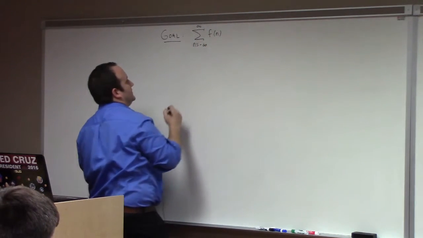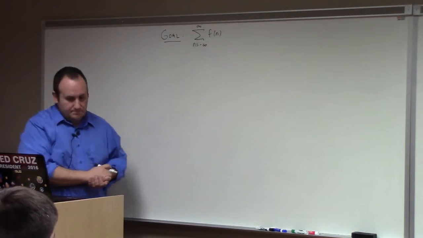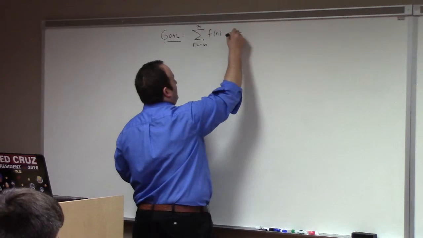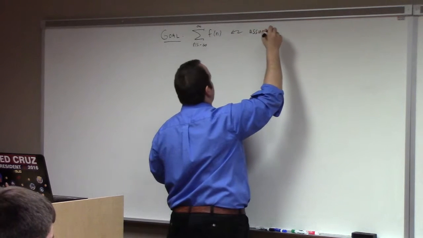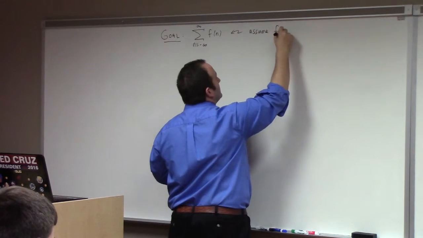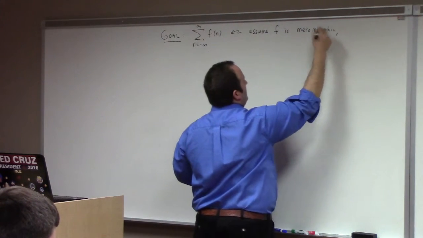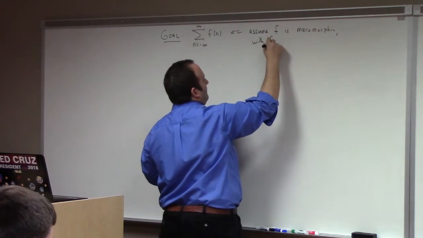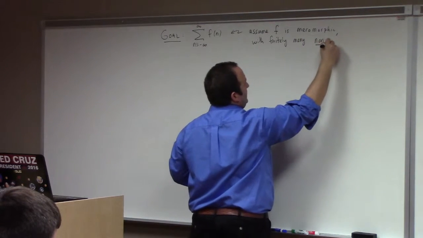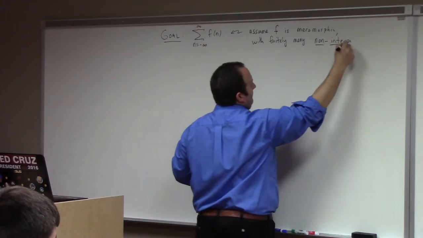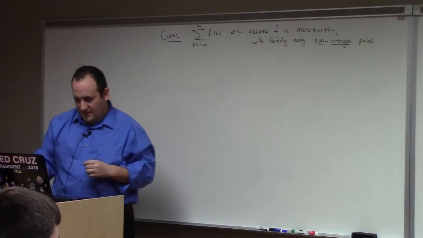And we're going to assume that this f, and you can tweak this a bit, but this is basically the setup, is meromorphic, and let's say with finitely many poles. And this is kind of important, non-integer poles.